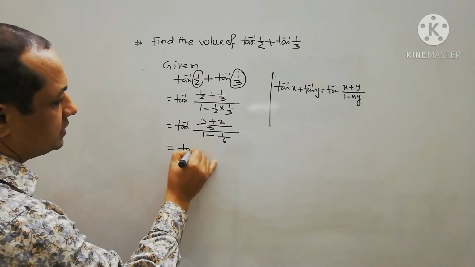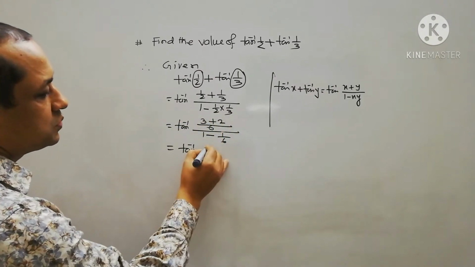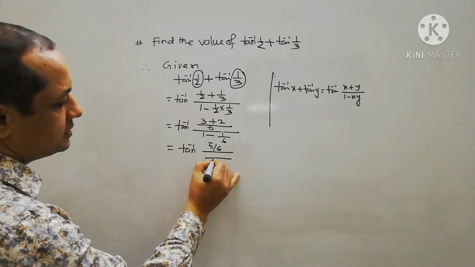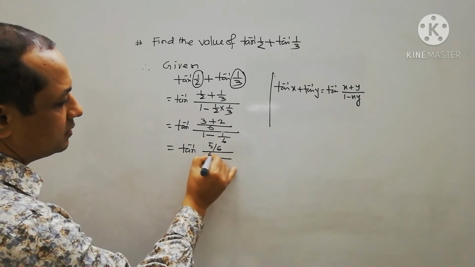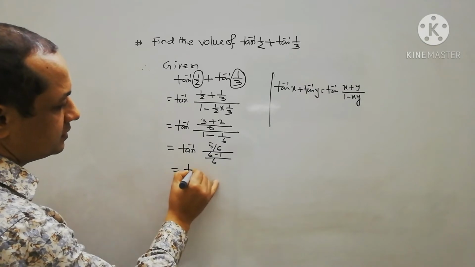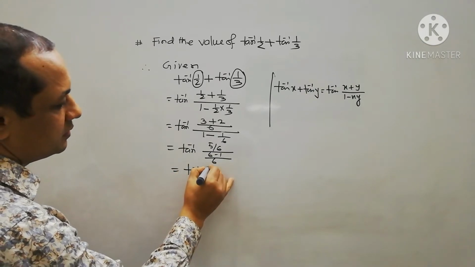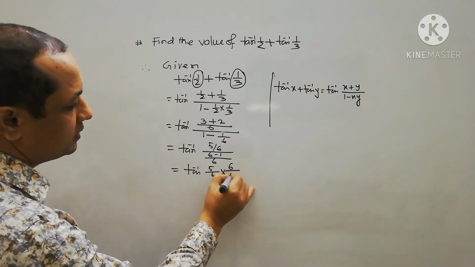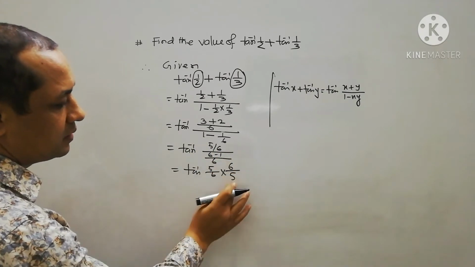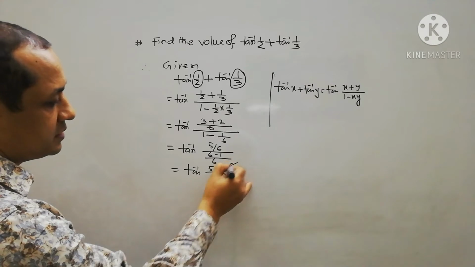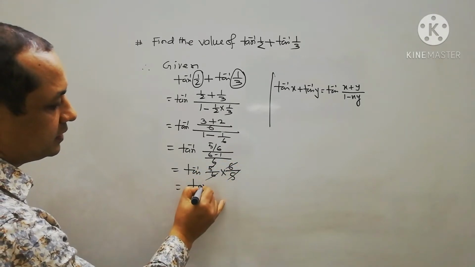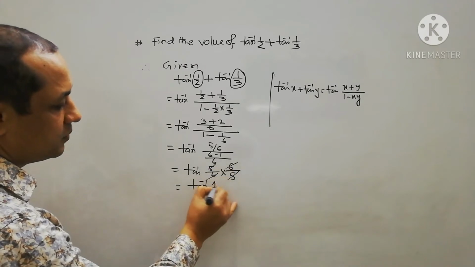Student, attention please, 3 plus 2 will be 5 by 6, and LCM 6 minus 1 equals 5 by 6. So tan inverse of 5 by 6 into 6 by 5. 6 and 6 cancel, and 5 and 5 cancel. Then we get tan inverse 1.